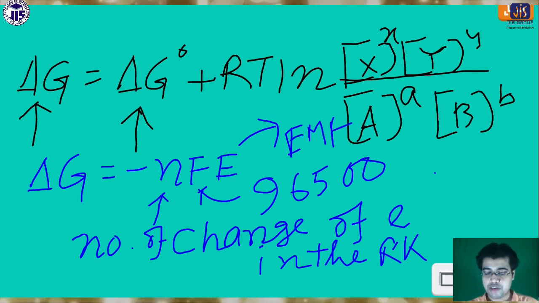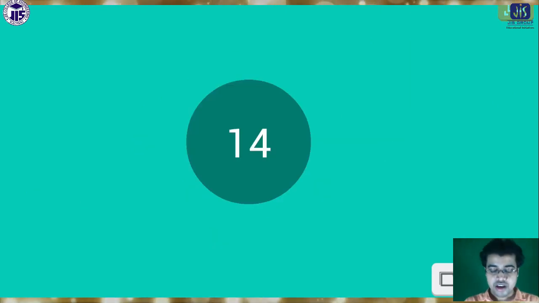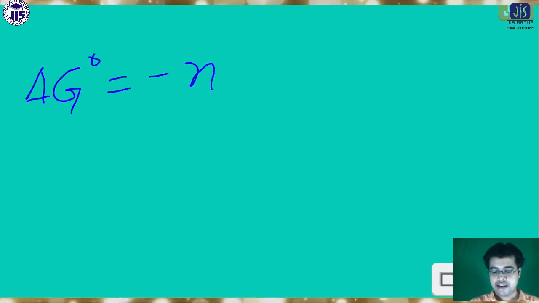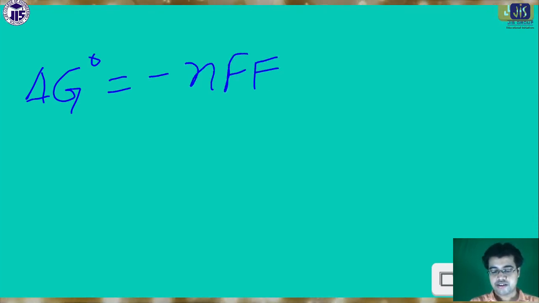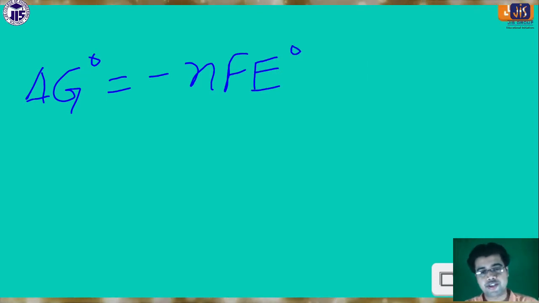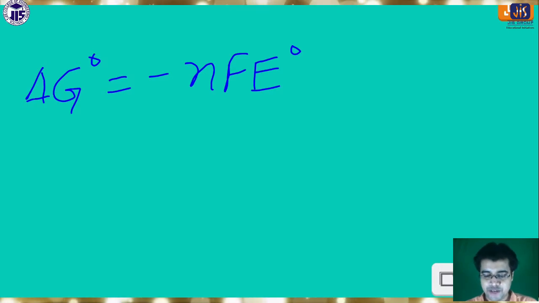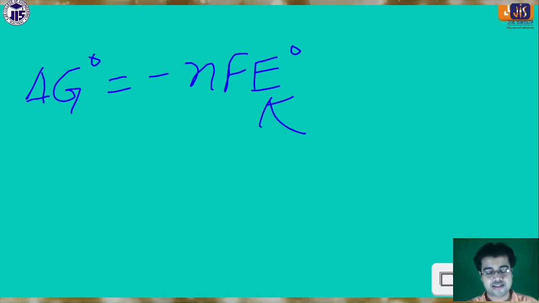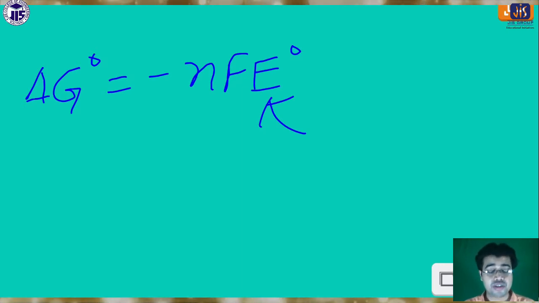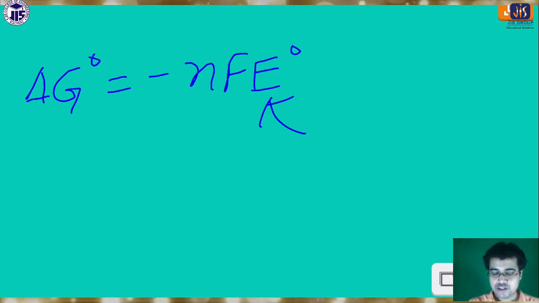In the same way we can write that delta G0 equals minus nFE0, where delta G0 is the change of standard Gibbs free energy and E0 is the standard EMF of the cell. Now if you put the expression delta G equals minus nFE, what will you find?